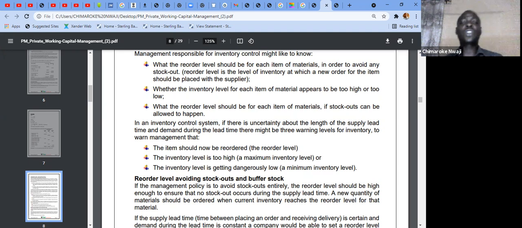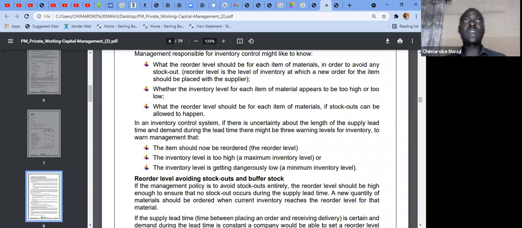In an inventory control system, if there is uncertainty about the length of the supply lead time and the demand during the lead time, there might be 3 warning levels for inventory to warn management that, 1, this item should now be reordered, or that the inventory level is too high, or that the inventory level is getting dangerously low.